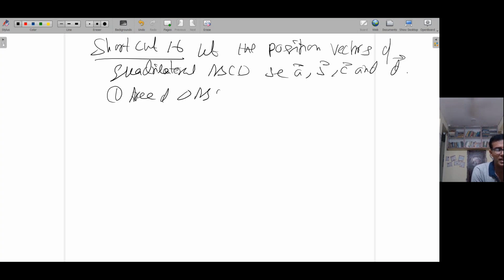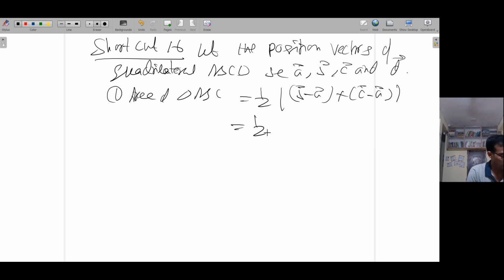Area of triangle ABC is half of the magnitude of A cross B, B cross C, C cross A. Okay.